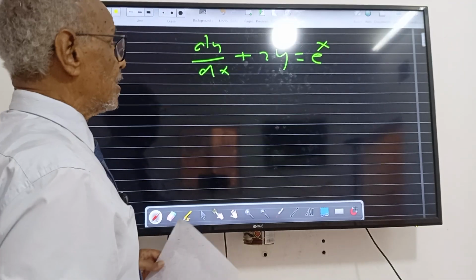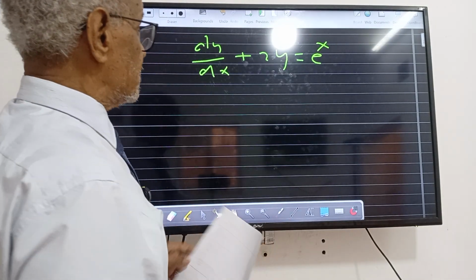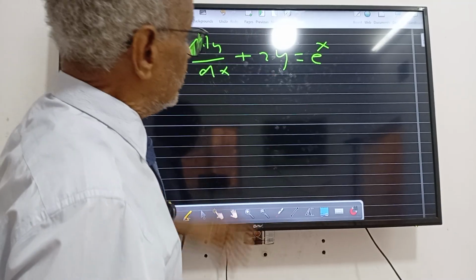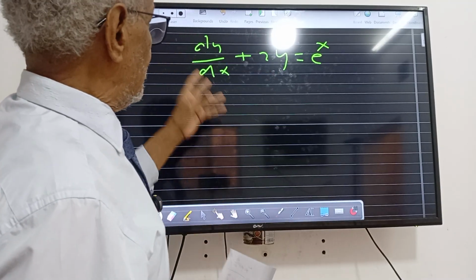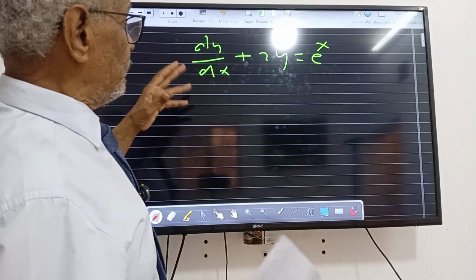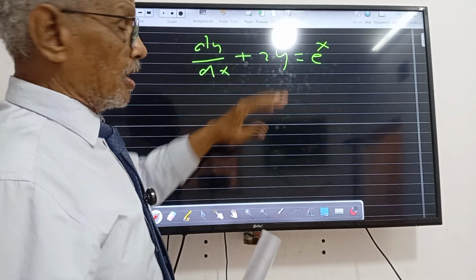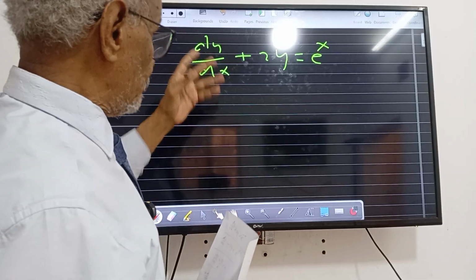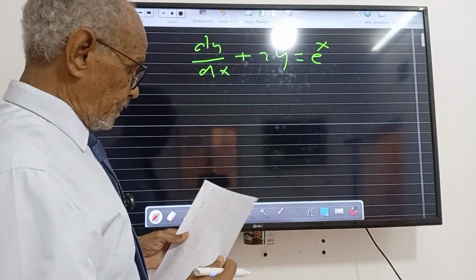For this differential equation, we try to find the general solution, and if we have some initial conditions, we can write the particular solution for this differential equation.